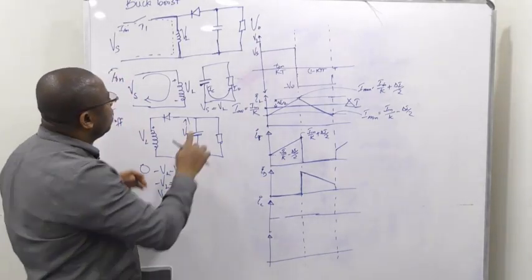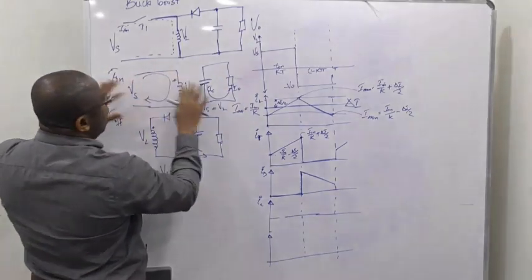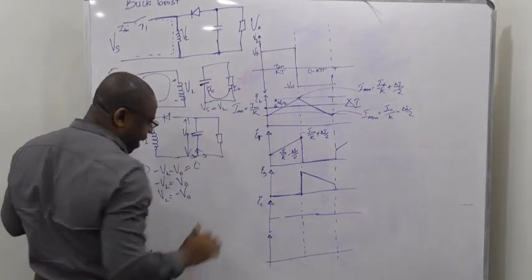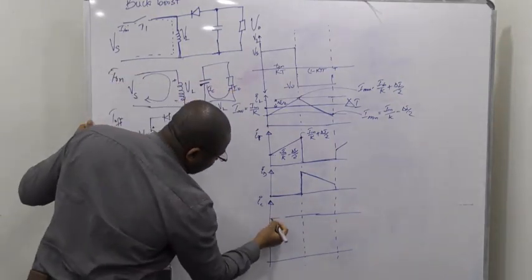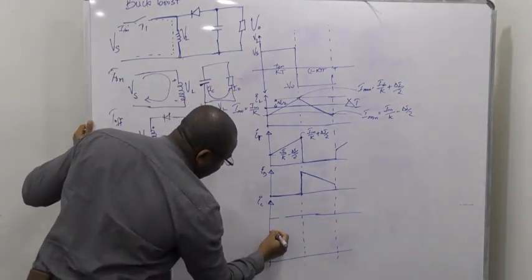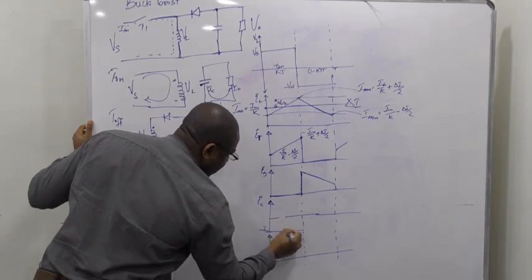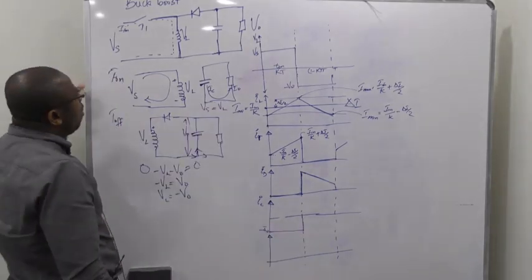So once this is on, IC is minus IO, and here I'm going to have minus IO at time of on.